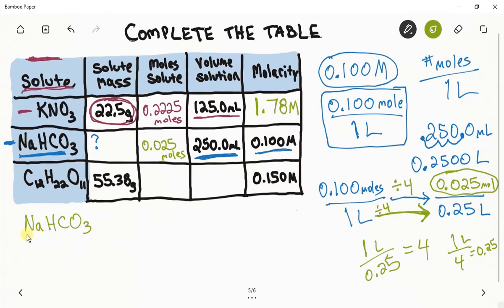So that's 1 mole of Na, 1 mole of hydrogen, 1 mole of carbon, and 3 moles of oxygen. So let's go to the periodic table and find out how much 1 mole of this baking soda weighs.